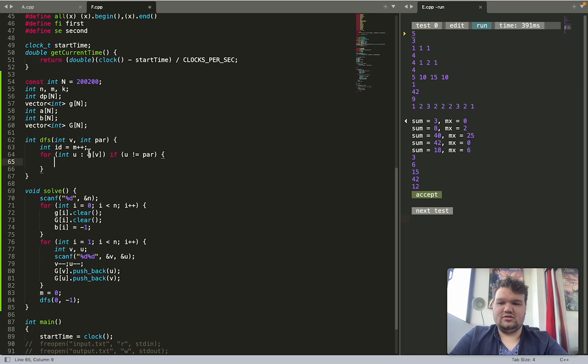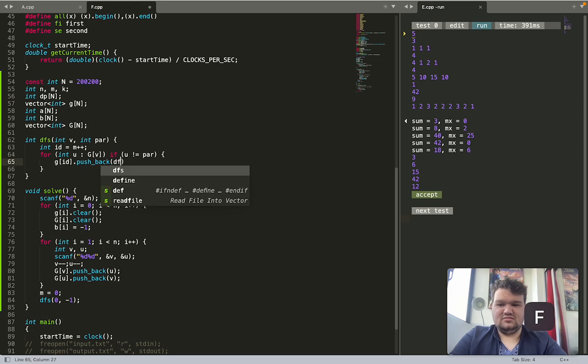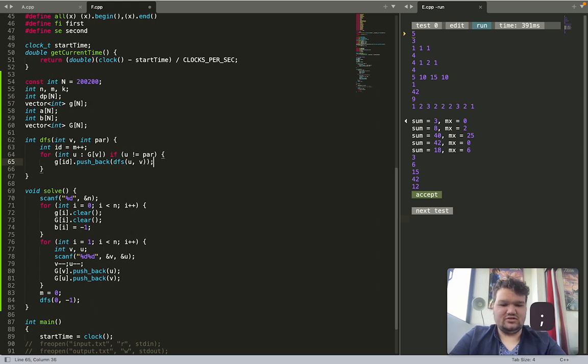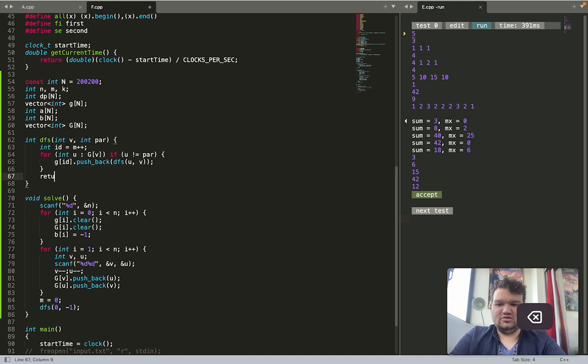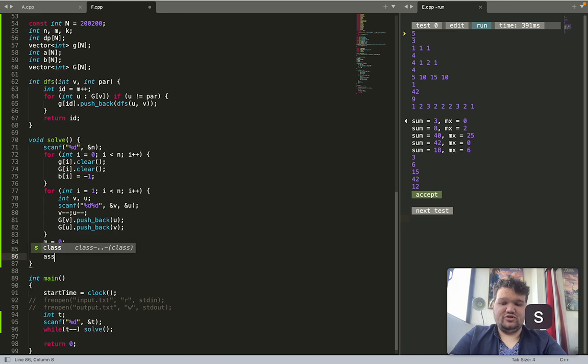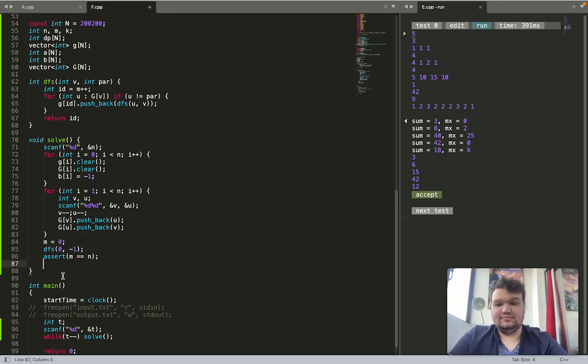And for this vertex with this ID, we need to say that it has another son. That is the new ID of vertex u, and return ID here. Okay, so we renumerated the tree. So the root is 0, and for every vertex, all the sons are on the right. We can check.